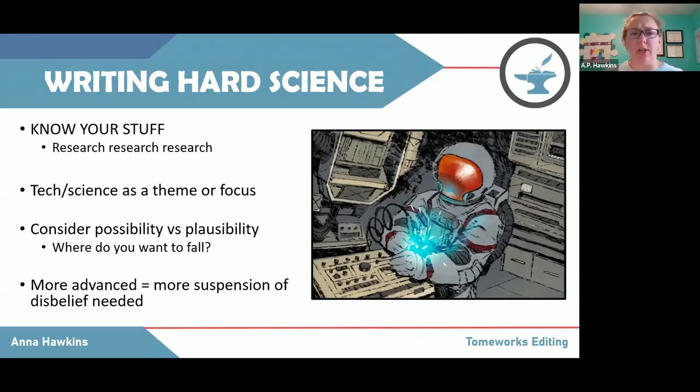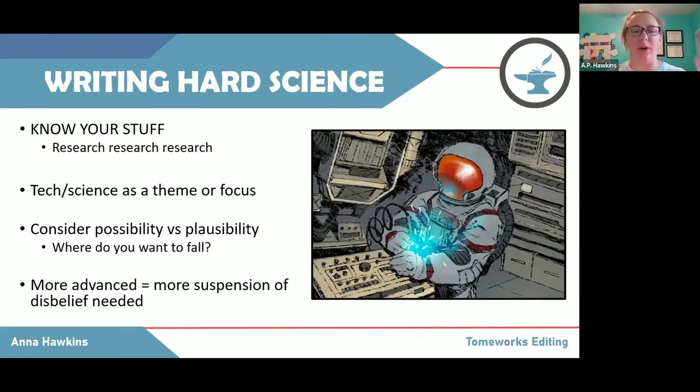And you should also consider possibility versus plausibility, because again, those are different. Whether you are working in the realm of technology that is possible versus plausible will determine the type of story that you can tell.